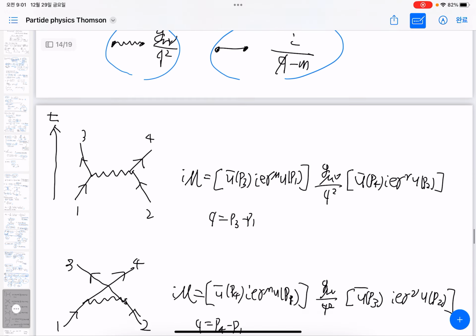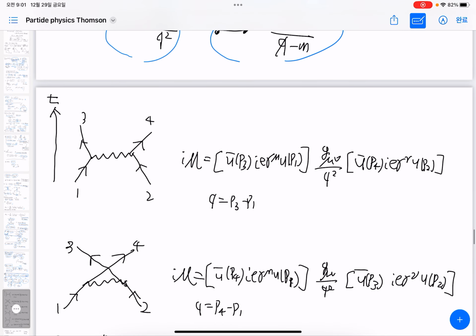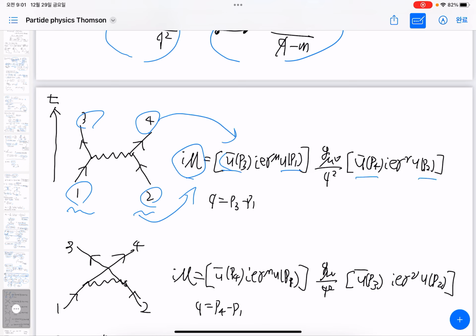There are several examples, for the 1, 2, 3, 4 scattering as a T channel. We can calculate the S matrix from the Feynman diagram. For the external spinors 1 and 2, there are incoming particles, but for the outgoing particles there are adjoint spinors, p3 and p4.